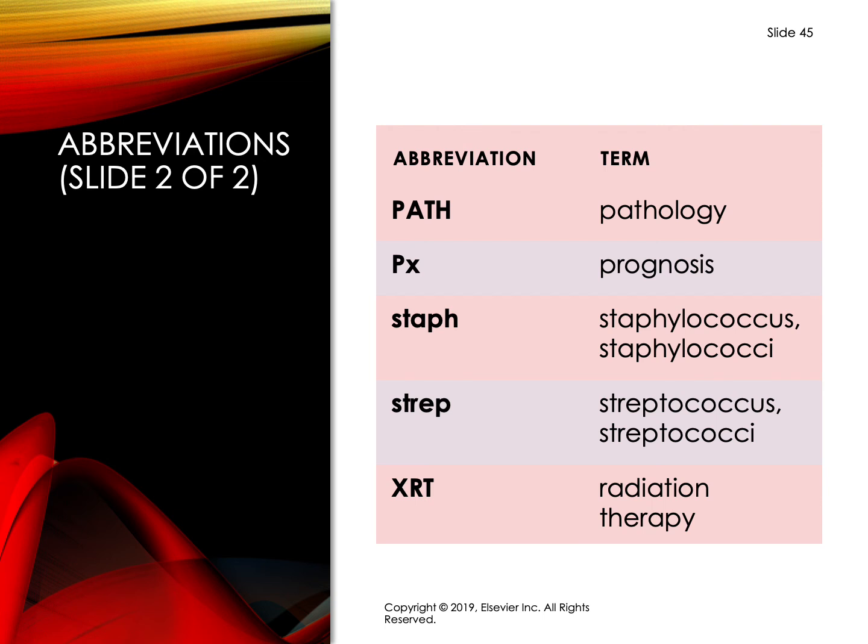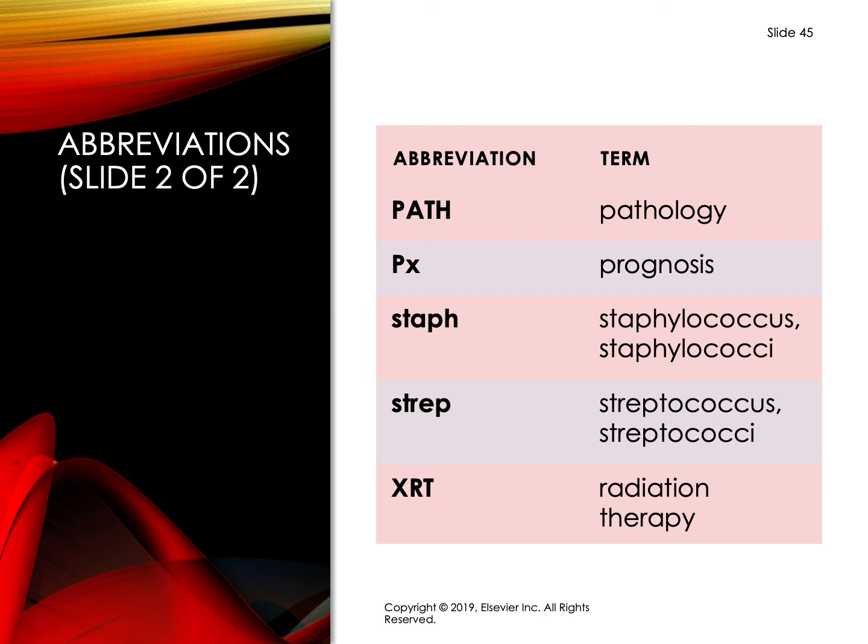Continuing on with some abbreviations, PATH is short for pathology, whereas PX is the abbreviation for prognosis. Sometimes we might refer to staphylococcus or staphylococci, which is just the plural form, as staph. And you might have heard these terms used before. So-and-so had a staph infection. So-and-so had a strep infection, right?